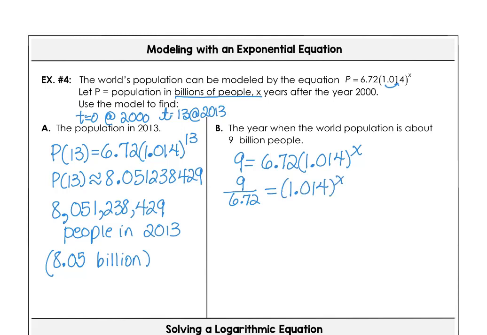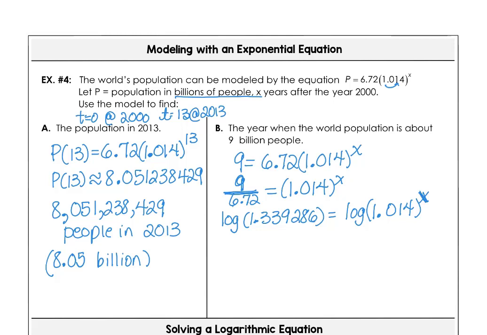And then the next step would be to take the log of the left, and I'm going to calculate 9 divided by 6.72, which is about 1.339286. So we did this arithmetic here. And then taking the log of that side, 1.339286, and the log of 1.014 to the x power.